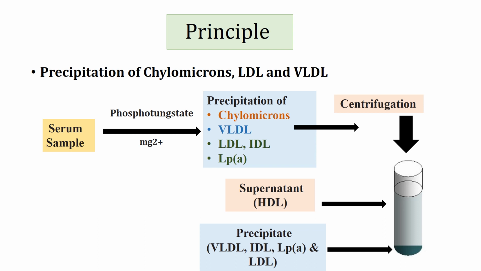The addition of divalent cation like magnesium ion further neutralizes the charged groups present on lipoproteins, making them aggregate and become insoluble, resulting in their precipitation. This precipitation leaves HDL in the solution, so all other lipoproteins except HDL get precipitated and settle into the bottom of the tube after centrifugation, and HDL remains in the supernatant.